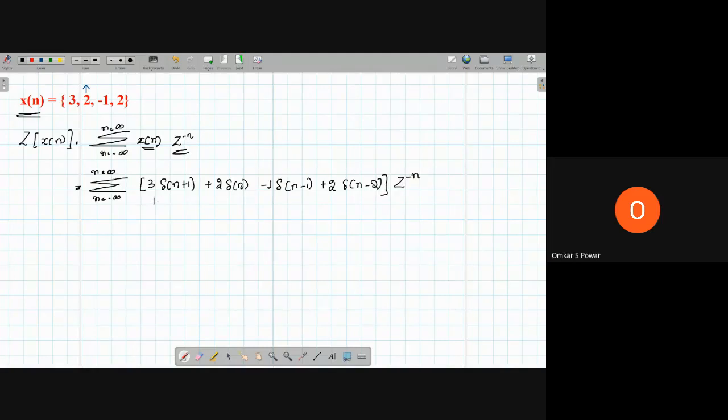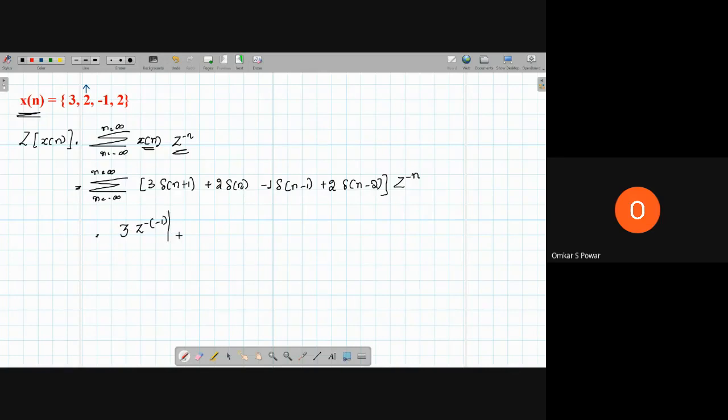If you look at this, it is similar to your Fourier transform, where z is equal to e power j omega n. If you had e power j omega n into 3 into del of n plus 1, you would directly write it as 3 into e power minus j omega.